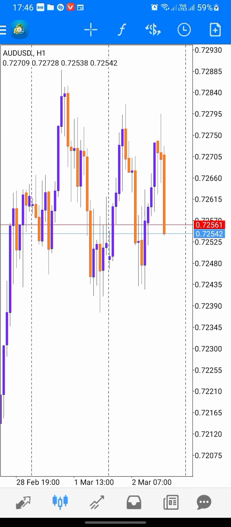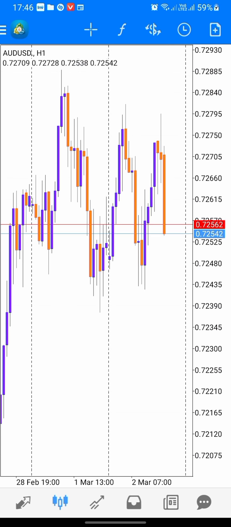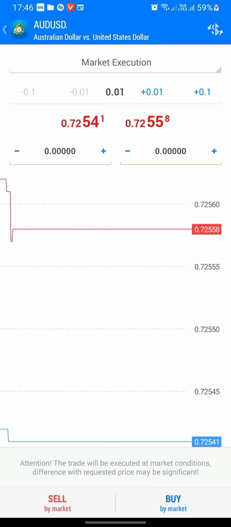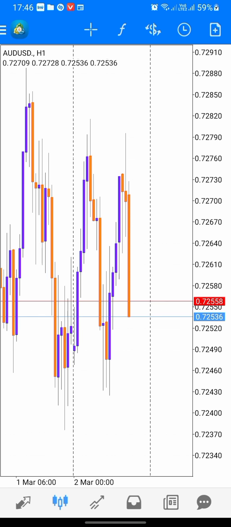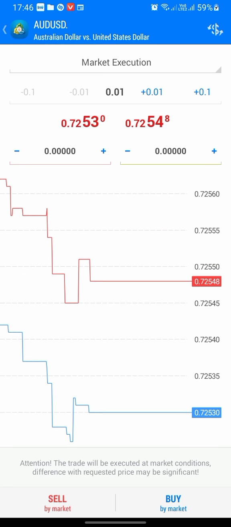And we have our new order. This is where you click when you feel like you want to place a trade. Then you can see the name of the currency on top, Australian dollar versus United States dollar.